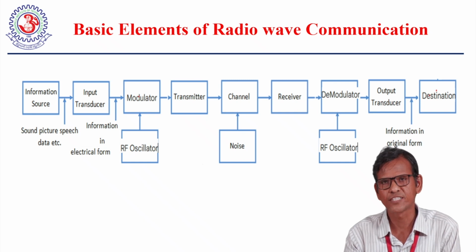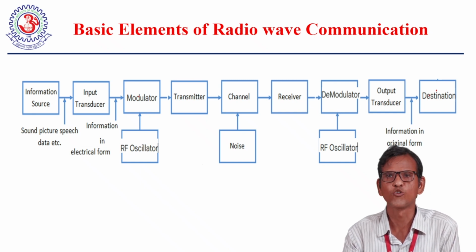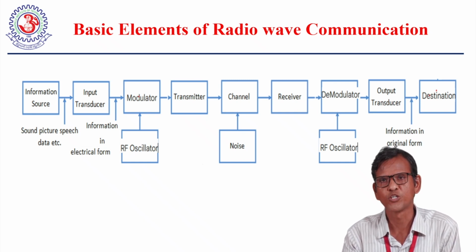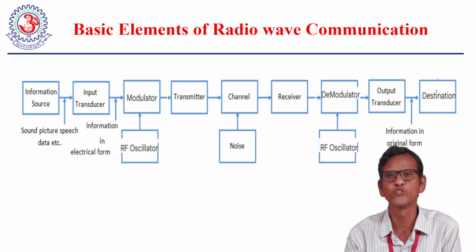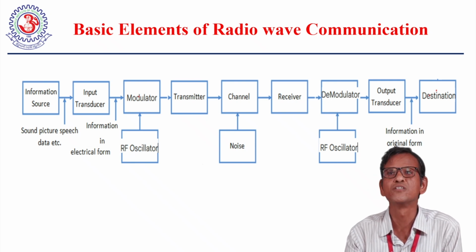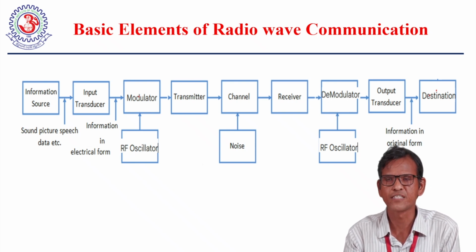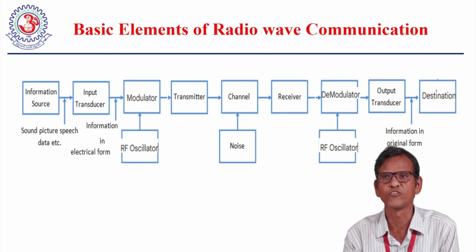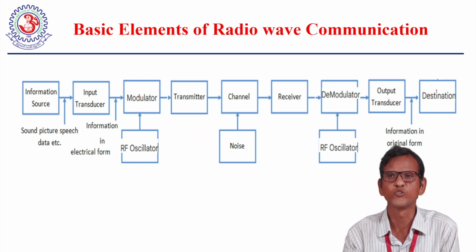After the transmission channel, the signal goes to the receiver, where it is demodulated. Here again we use an RF oscillator, and after demodulation the carrier signal is separated, and the output transducer converts the electrical form of the signal into the original form. After that, it is sent to the destination.